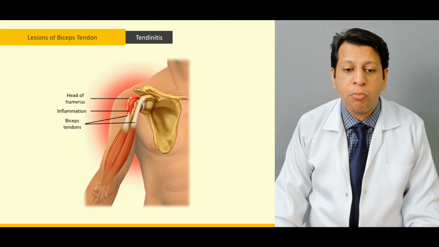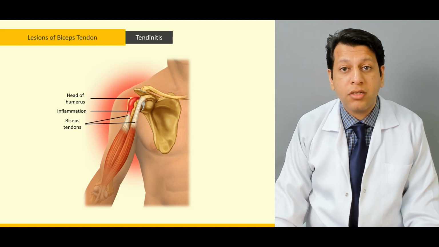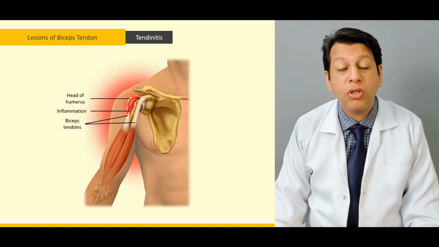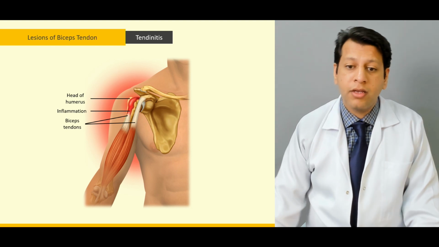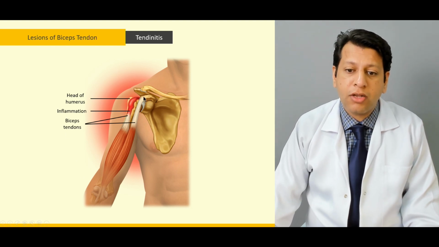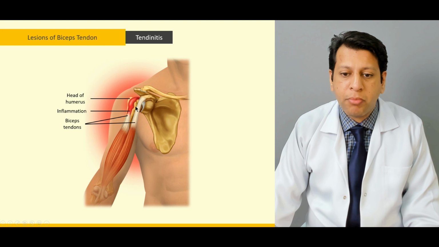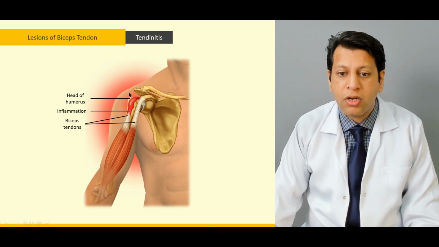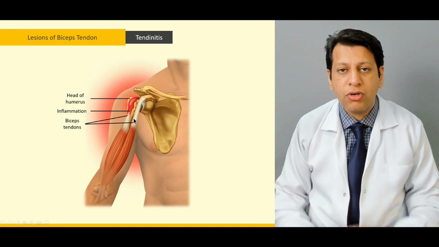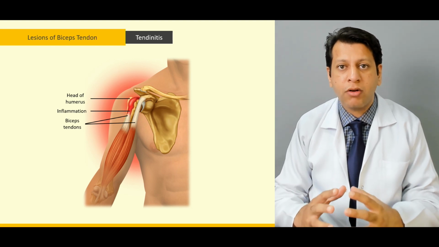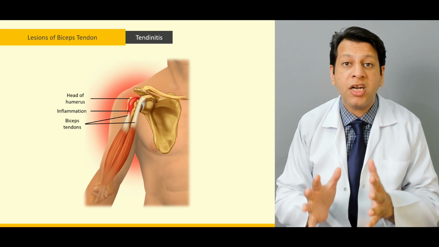What is important here is that it has two heads, and the most commonly involved head is the long head. Why? Because it comes from the supraglenoid tubercle, entering into the area of the rotator interval. There is a bicipital groove through which it has to pass. There is a transverse humeral ligament on the top. It does not have enough space to move around. It's in a very tight space.